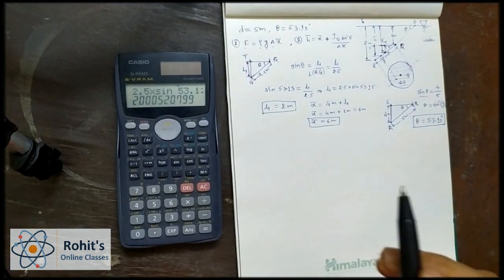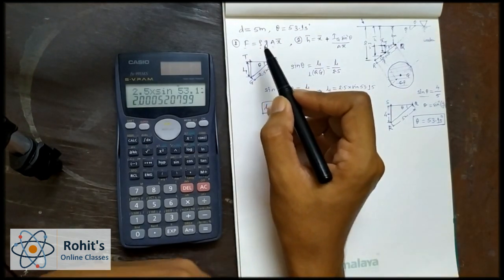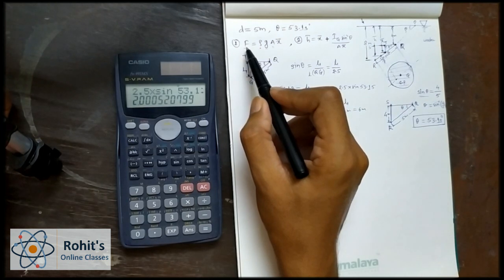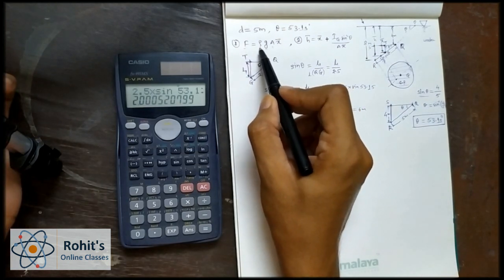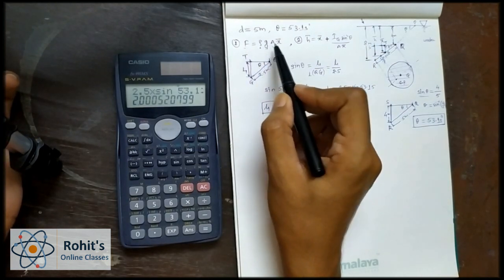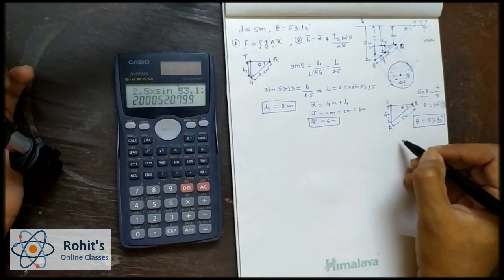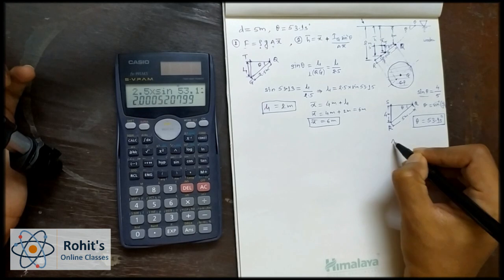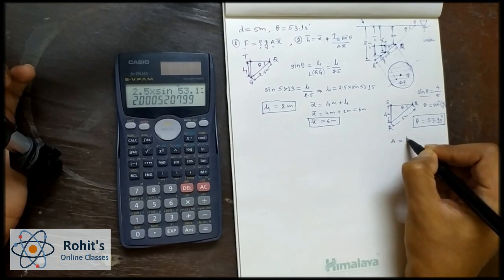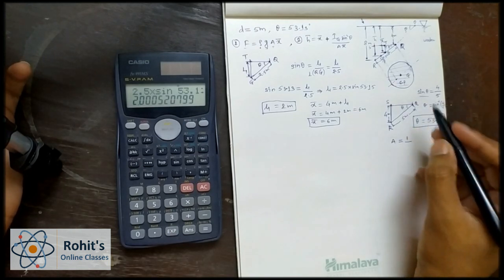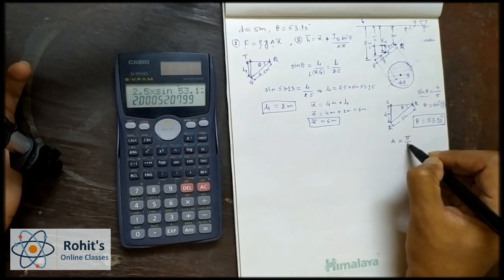So what are the required terms that we have calculated? In order to find the total pressure force, we need rho, g, A and x bar. Now the area, we have not calculated yet. So the area of the circle is pi by 4 d square, correct.